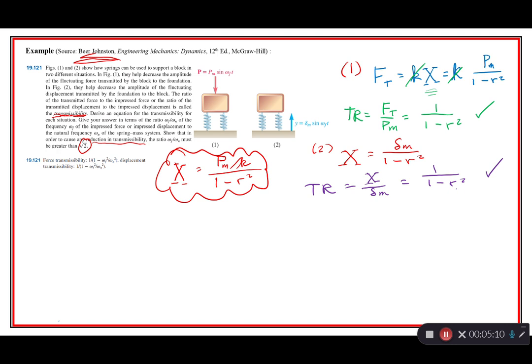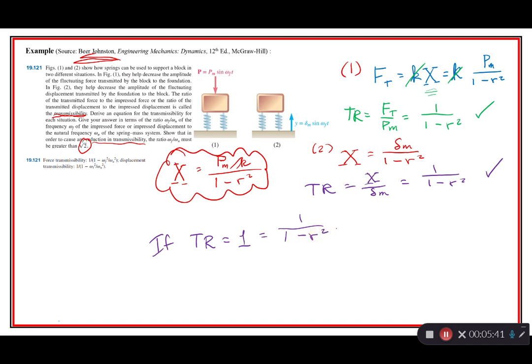So what's going to happen with transmissibility? In this last part, show that in order to cause any reduction in transmissibility, the ratio must be greater than the square root of 2. So let's say that if transmissibility is equal to 1, you'd have 1 over 1 minus r squared.